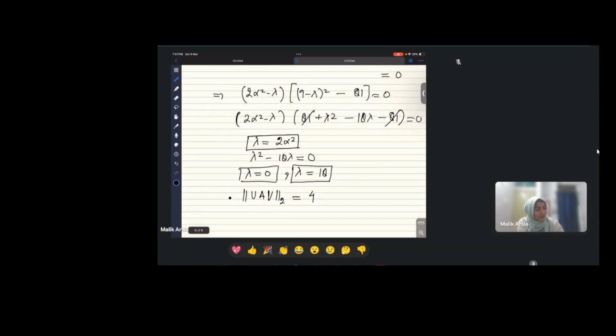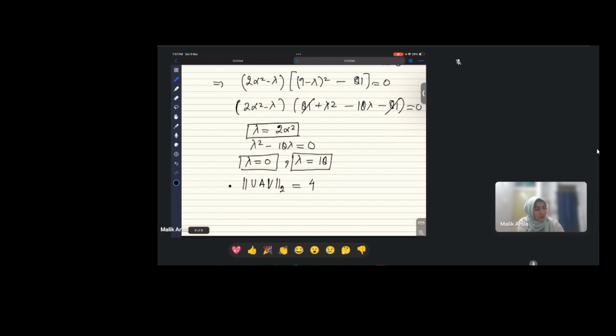You are giving 0 and 18. Oh, lambda is equal to 2 alpha square, no? Okay, okay, sorry. One eigenvalue is this, and from the second equation we are getting these two eigenvalues. From here we got lambda is equal to 2 alpha square, and from here we got lambda is equal to 0 or lambda is equal to 18, correct?